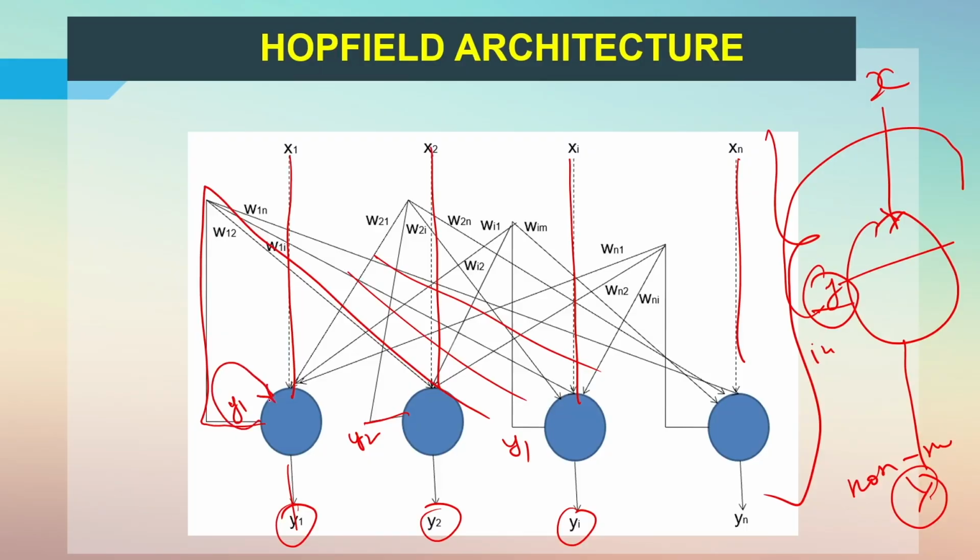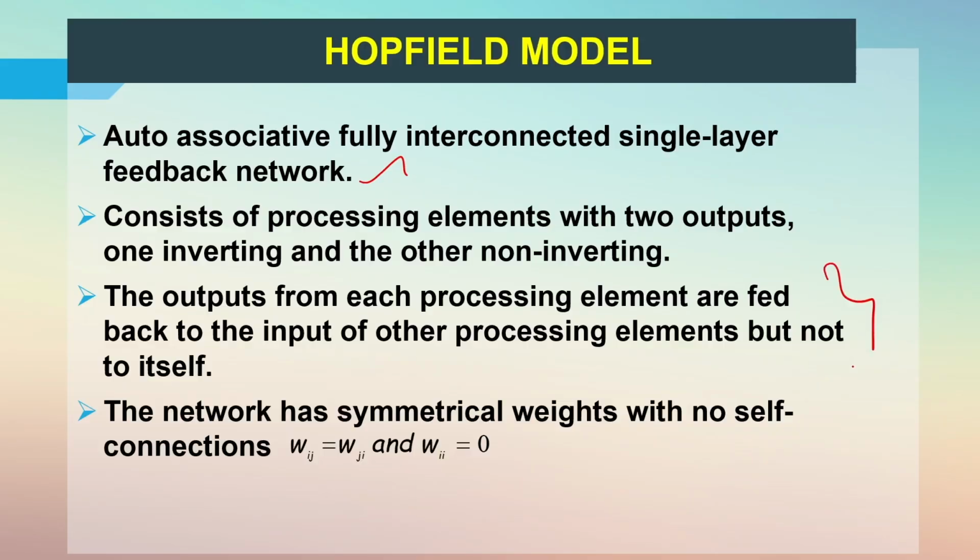The outputs from each processing element are fed back to the input of the other processing elements, but there is no self loop. You should remember this in the architecture. The outputs are fed back to the other processing elements, but not to itself. That is the most important thing. The network has symmetrical weights with no self connections.